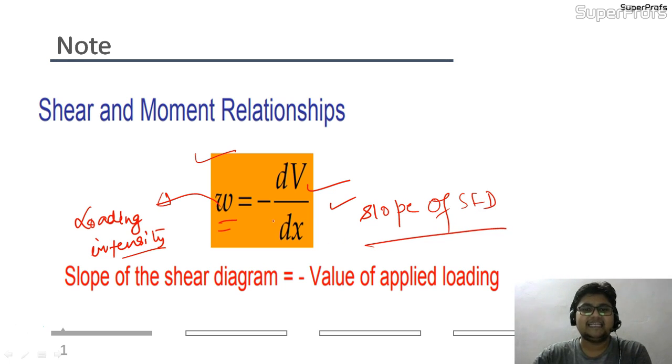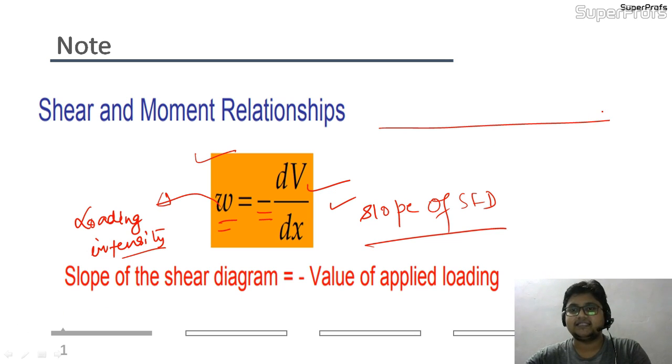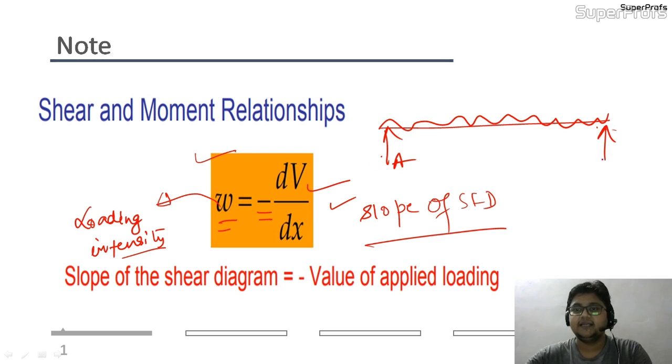So why is there a negative sign here? There is a negative sign because the loading intensity is always directed in the downward direction. Suppose I take an example here. This is my beam and this is my uniformly distributed load, which is supported at the two ends A and B. So this load is always acting in the downward direction.